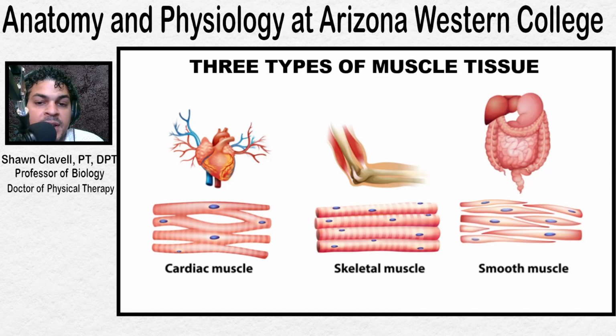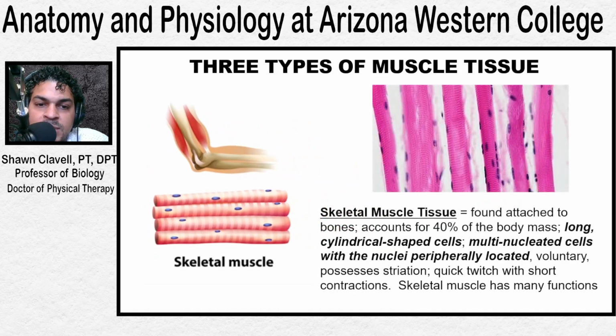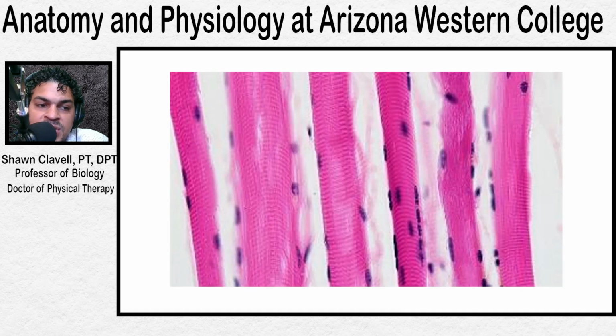And while most people think of the skeletal muscle here, we'll also look at cardiac and smooth muscle tissue. But we'll start with the skeletal muscle tissue. Skeletal muscle tissue is found attached to your bones, accounting for approximately 40% of your body mass, has a long cylindrical shape, contains multiple nuclei located on the periphery, and has the appearance of striations as well.